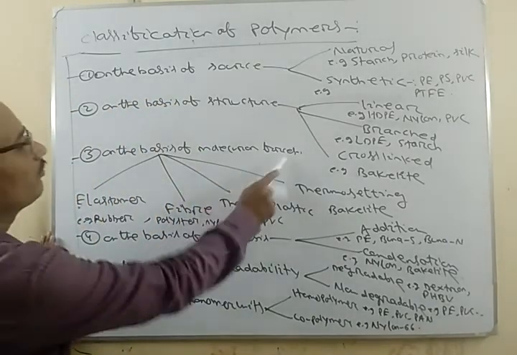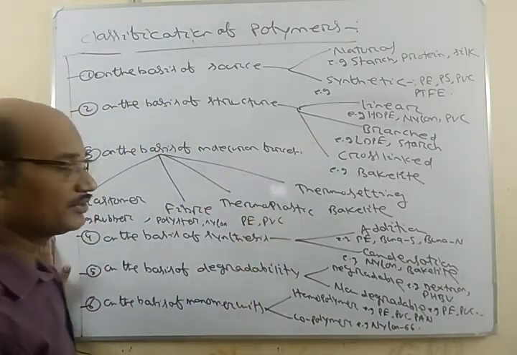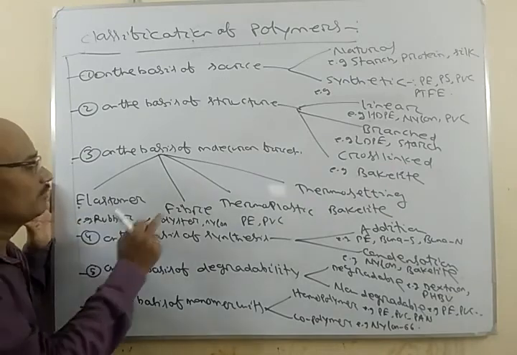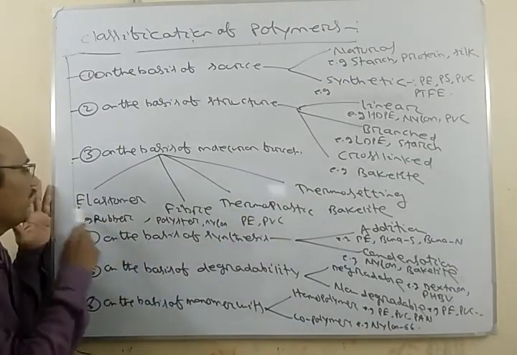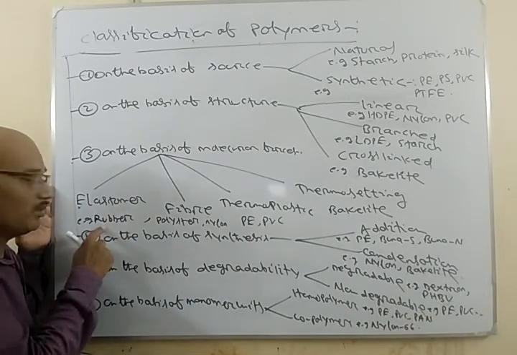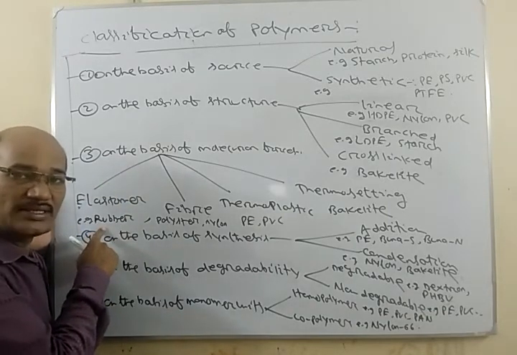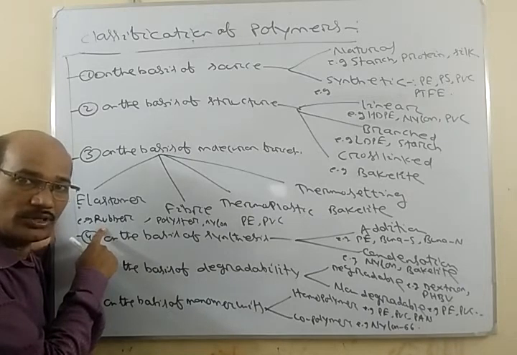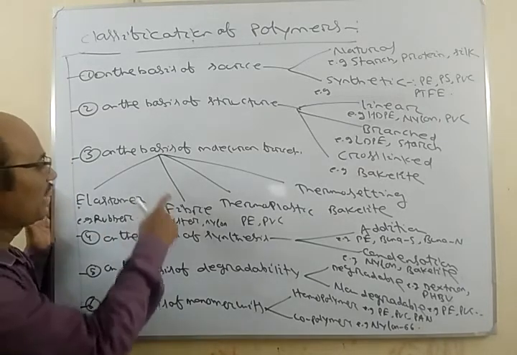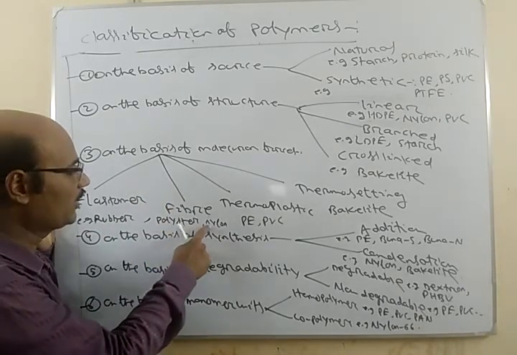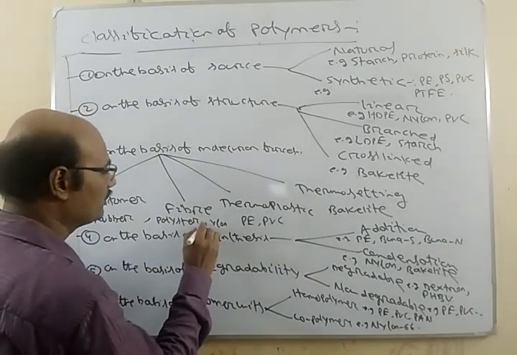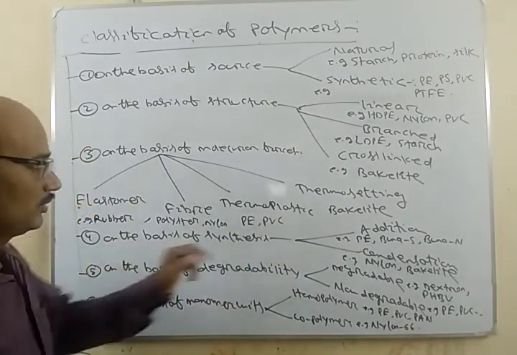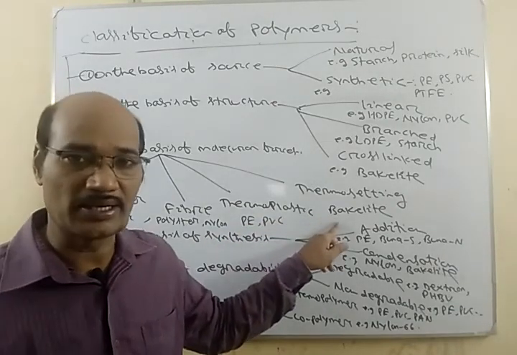Now on the basis of molecular forces, the polymers are elastomer, fiber, thermoplastic, and thermosetting. The elastomers are rubbers like natural rubber, Buna S, Buna N. Then fibers: polyesters, nylon. Thermoplastics like polyethylene and PVC, thermosetting like Bakelite.